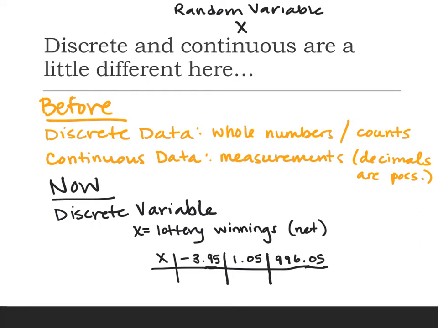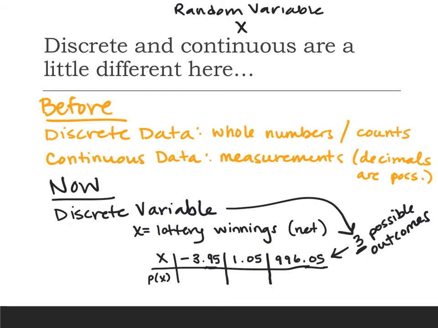And so, whatever the probabilities would be down here, we'll talk about that in a minute. But this would actually be a discrete random variable. It's discrete because there are 3 possible outcomes. So that 3 is the discrete part.